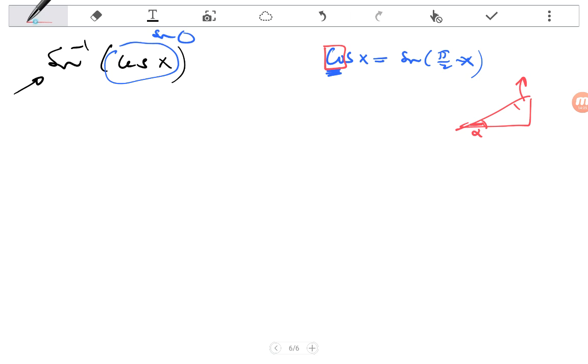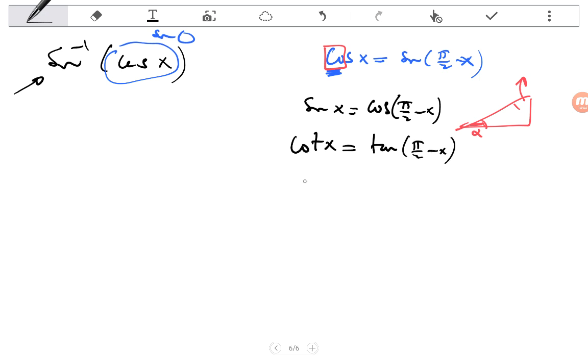So sine of x is exactly the cosine of pi over 2 minus x. Also cotan of x is exactly the tan of pi over 2 minus x. Also sec x is exactly cosec of pi over 2 minus x.